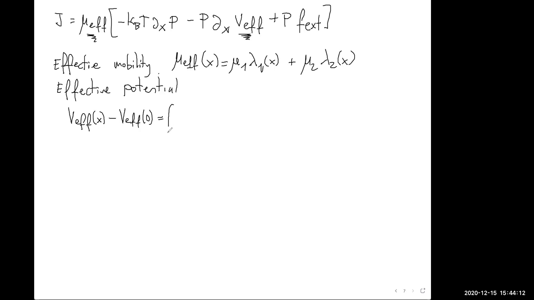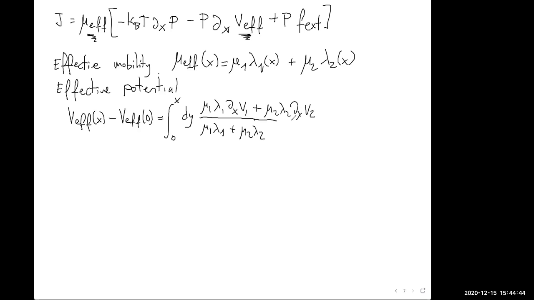This is the integral from 0 to x of dy, and now we have in the denominator mu effective, and then here we have mu1 lambda 1 partial x V1 plus mu2 lambda 2 partial x V2.